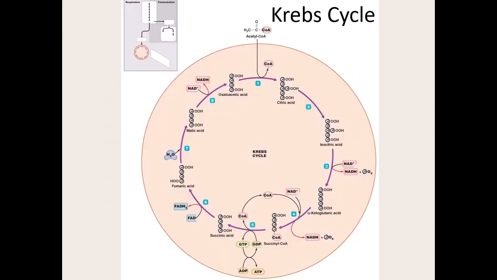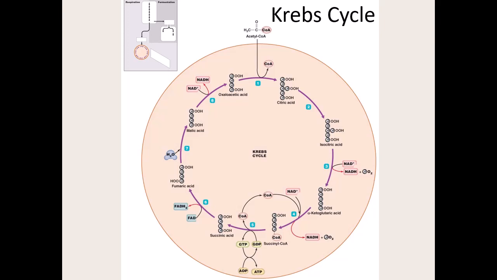Now, Krebs cycle. Do I expect you to know all of that? Nope. But there are some things I'm going to focus on. One, if you notice at the very, very top of the Krebs cycle, there's your acetyl-CoA molecule. It's a 2-carbon molecule that's going to feed into the Krebs cycle.